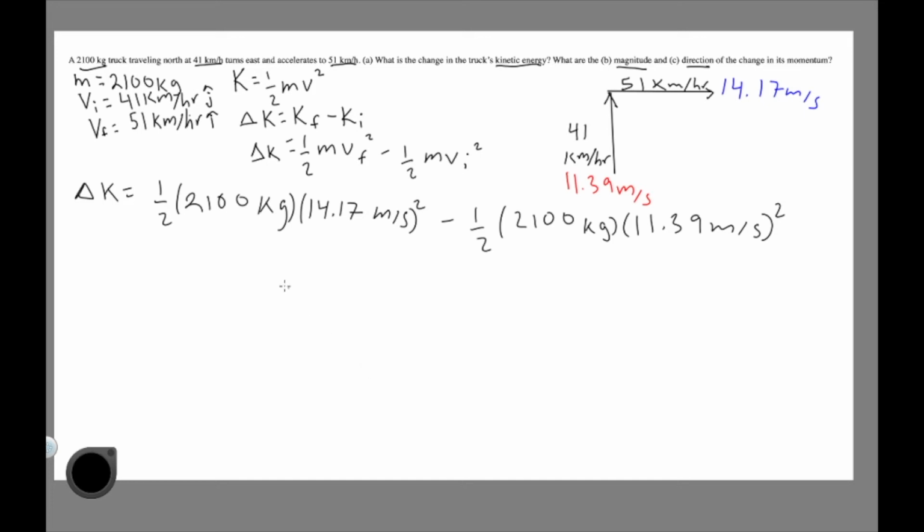So if we do the math here, one thing we can do is to pull out the 1/2 and the 2,100 kilograms, because those are the same.